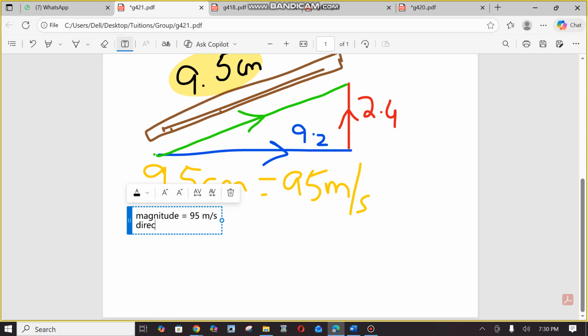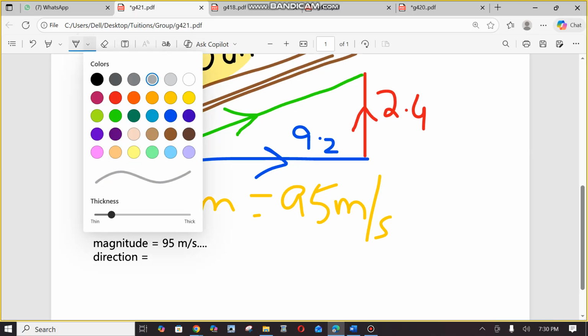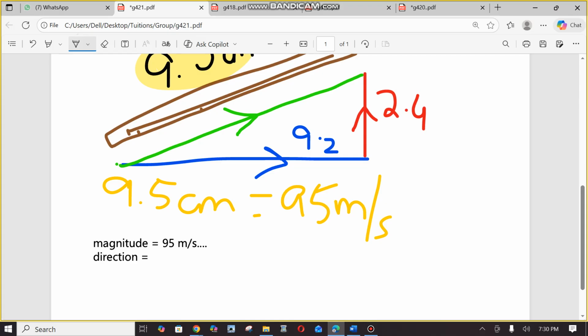But another thing that remains is the direction. The direction you have to find using a geometry box instrument called a protractor or a D. What you're going to do is put the protractor in such a manner that you measure this angle.